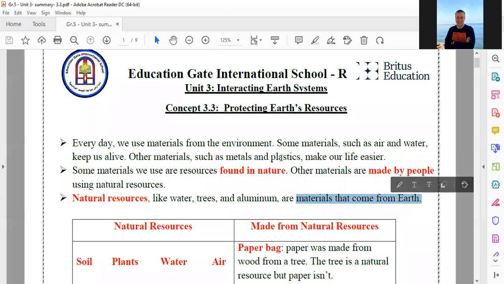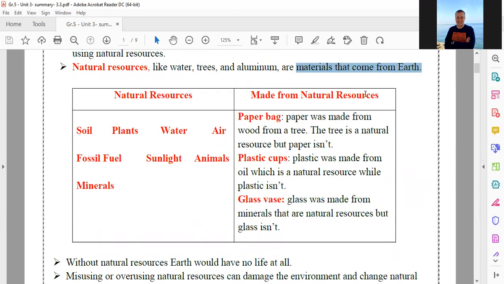Okay, so now we have a table that divides the resources into natural resources and resources made from natural resources. The natural resources are like the soil, plants, water, air, fossil fuel, sunlight, animals, and the minerals. The fossil fuel, like petroleum, oil, gasoline, and coal, are natural resources.